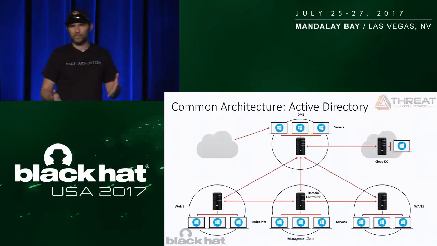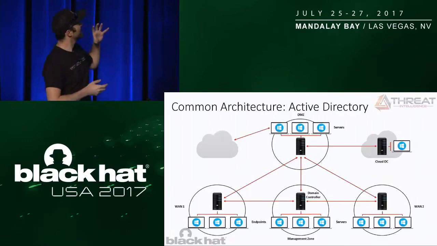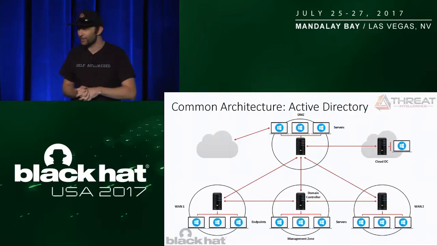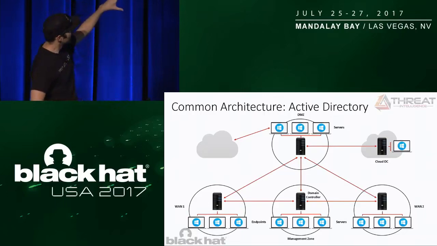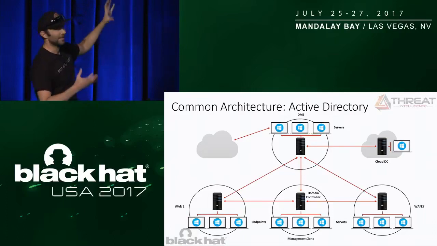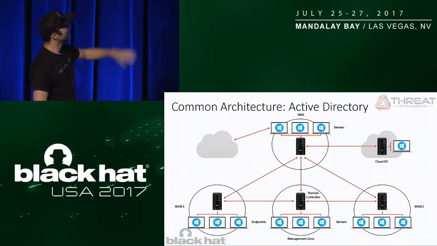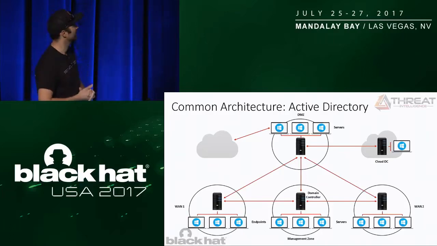First of all, I just wanted to start off with having a look at a common Active Directory architecture. This is a picture of a common organization. You might have a DMZ, you may or may not have a domain controller in there. You've got your cloud DC on the right there, that may have a cloud domain controller in there.